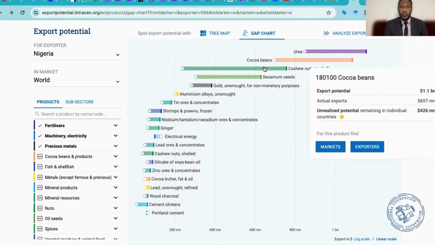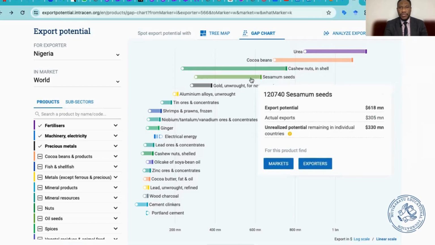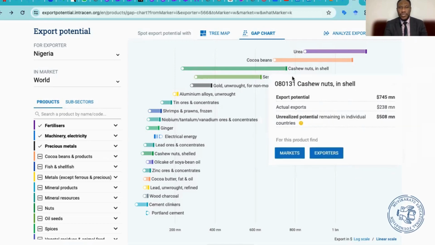When I move to cashew nuts, a lot of people now are exporting cashew nuts in shell. It's almost around 745 million US dollars worth of potential, and then our actual export is 238 million. We still have unrealized potential of about 508 million US dollars that need to be tapped.